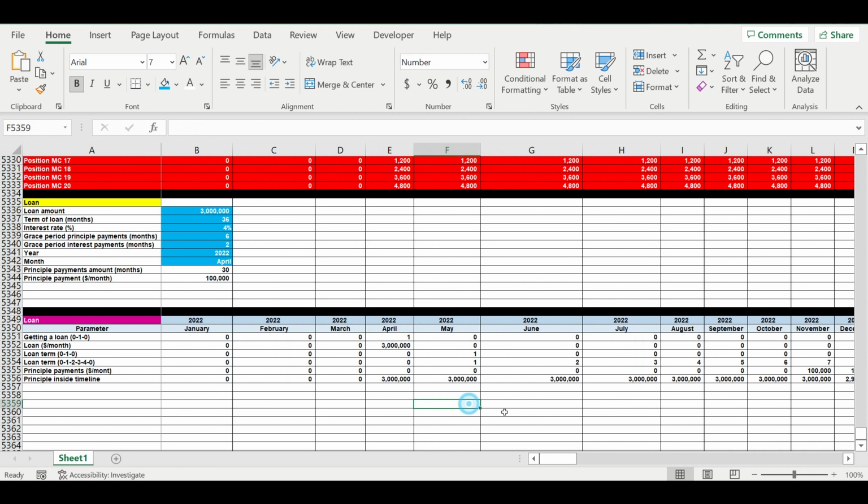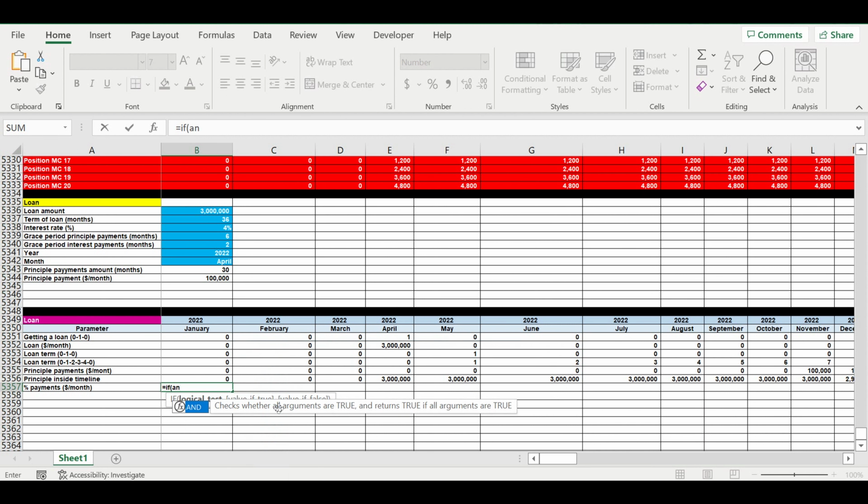And now let's say that we start payments for interest from the third month of the term of the loan. Interest payments dollar per month. What is the formula?